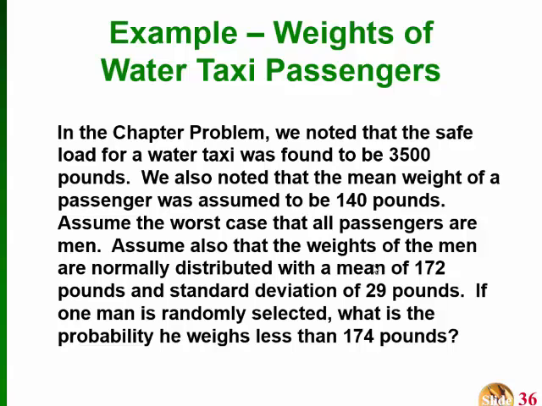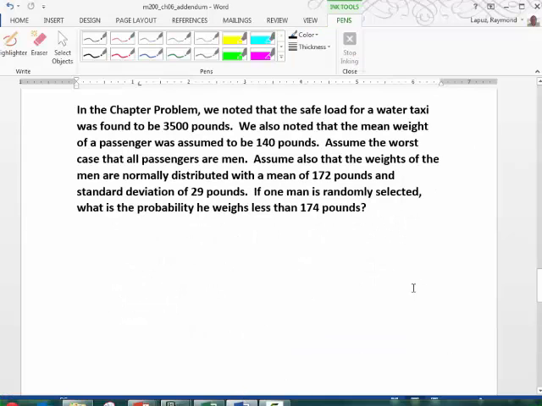This is an example that we have. We're going to do our work on a separate application. There's a safe load for a water taxi, and they found that to be 3,500 pounds. We note that the mean of a passenger is assumed to be 140.